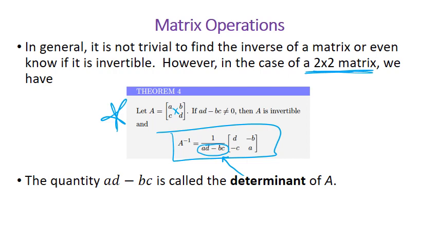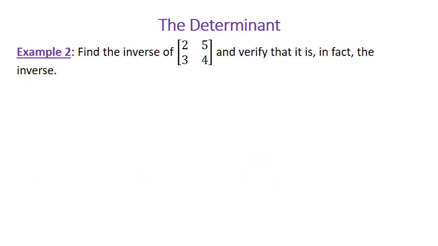Make sure that you use a minus sign here. Okay, then to get this new and improved matrix, what we do is we flip-flop the order of A and D, and then we negate B and C. And then we perform that scalar multiplication, and we will end up with the inverse of matrix A. So let's see how this works.